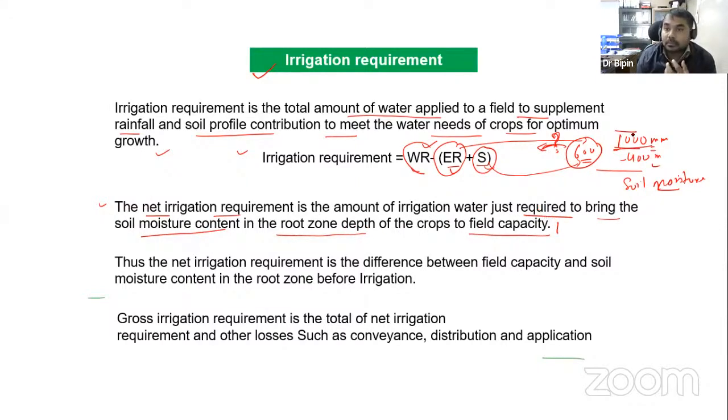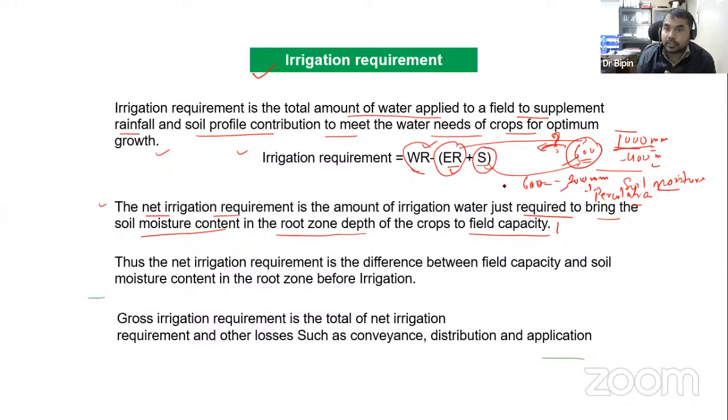Suppose we applied 600 mm in the form of irrigation. After the application of 600 mm, we found that 200 mm was lost in the form of percolation or other means.